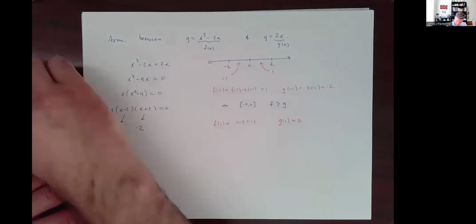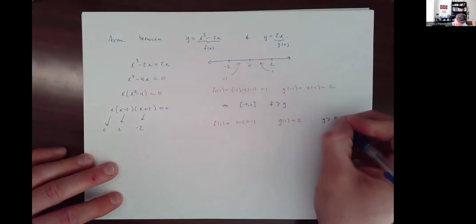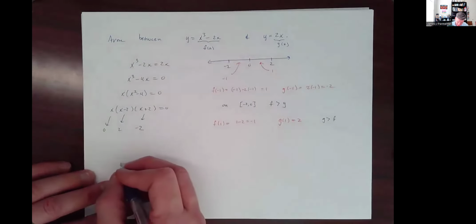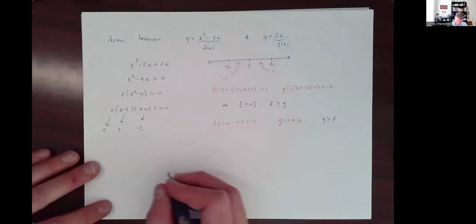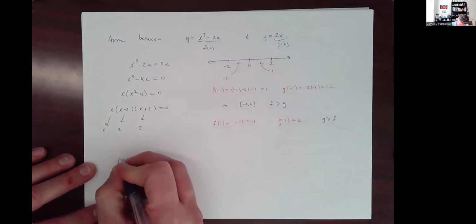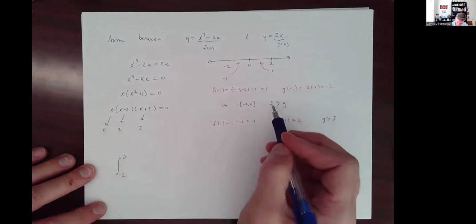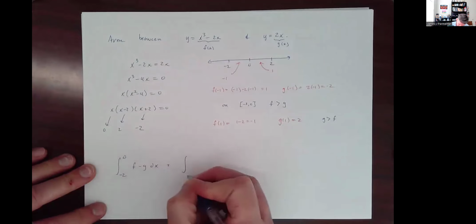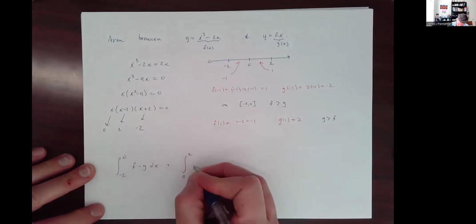And here you can see that g is larger than f. So what that means for us is that when we do the integral here, we can't just do the integral from -2 to 2. We have to do the integral from -2 to 0 of the larger minus the smaller, plus the integral from 0 to 2 of the larger minus the smaller.